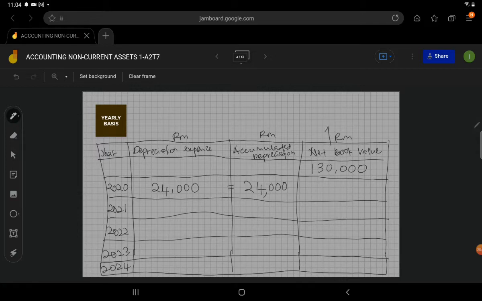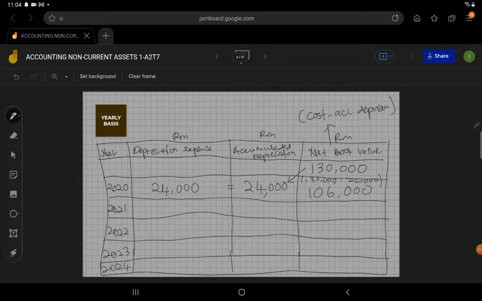Okay, tadi kita dah tengok nak dapatkan net book value, cost minus accumulated depreciation dia. Okay. So cost minus accumulated depreciation, kita dapat berapa? 130,000 minus 24,000. So we will get 106,000. This is for the first year.